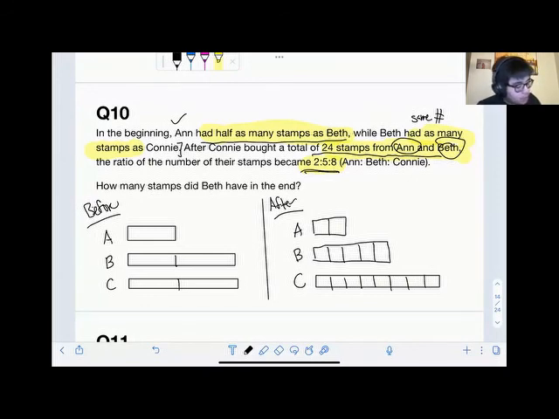Okay. Of course, the size of the boxes, Scott, you have to say that. Actually, let me just fix the second one. Okay. So Connie bought 24 stamps from Ann and Beth.